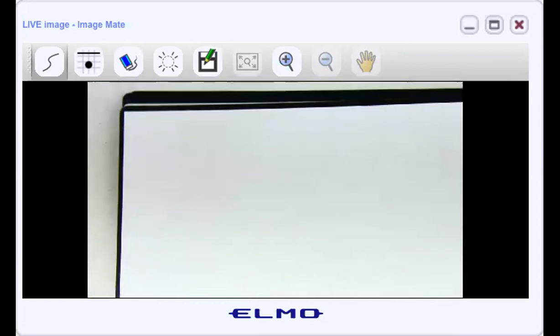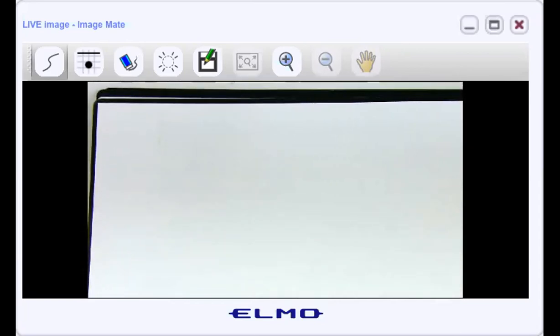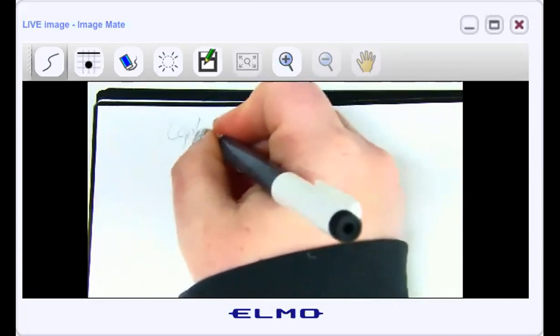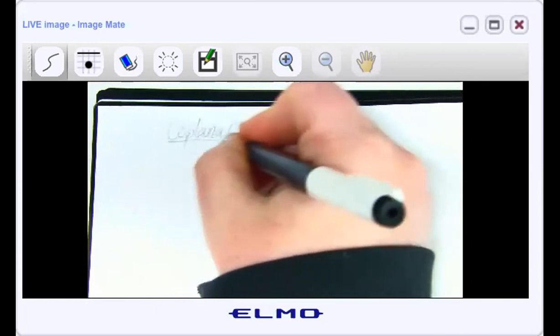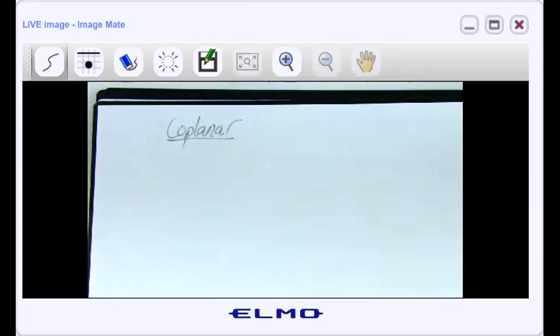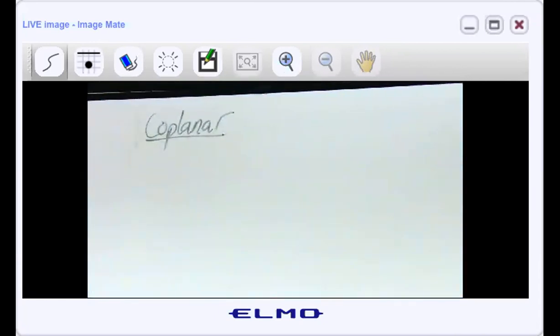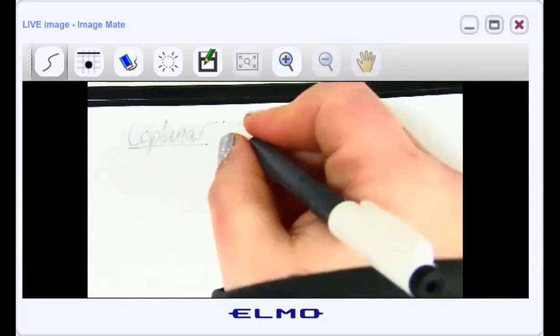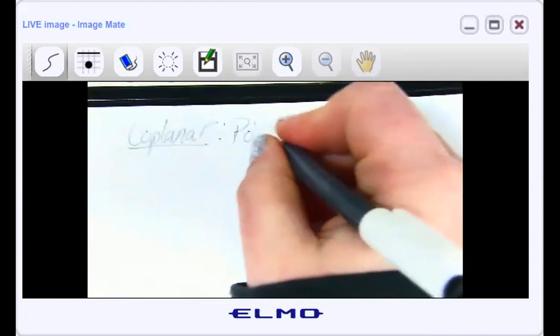Oh, and you know what? We should throw on here too that just like we had collinear and non-collinear, you can also have coplanar and non-coplanar. It means exactly what you think. Coplanar refers to points or lines on the same plane.